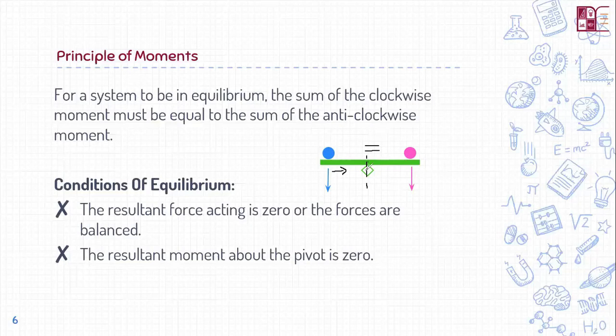But if the pivot was not here, if the pivot was somewhere here, then the weight will be an additional force with the distance from the pivot line. And then we will also look at if it's the anti-clockwise or the clockwise moment.